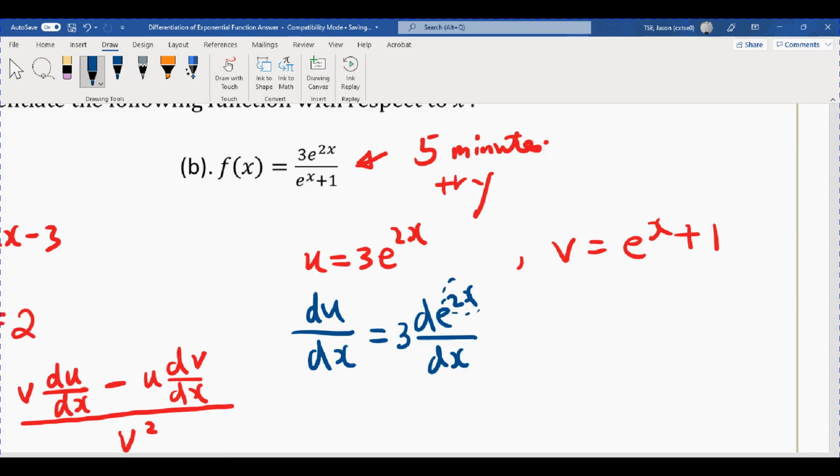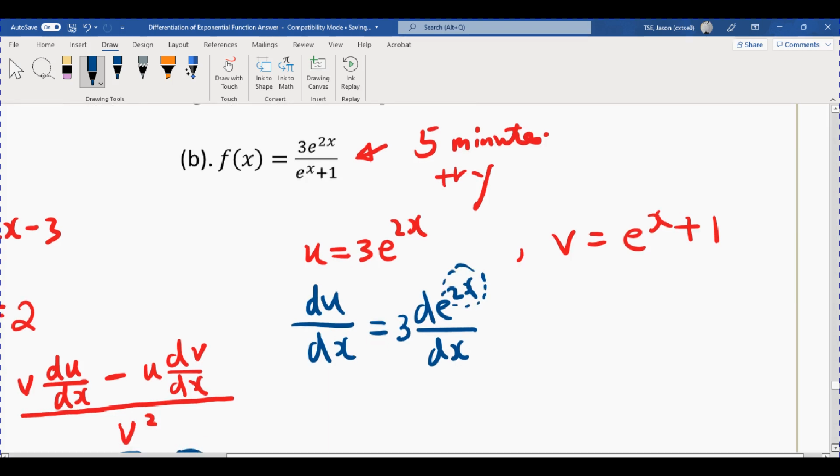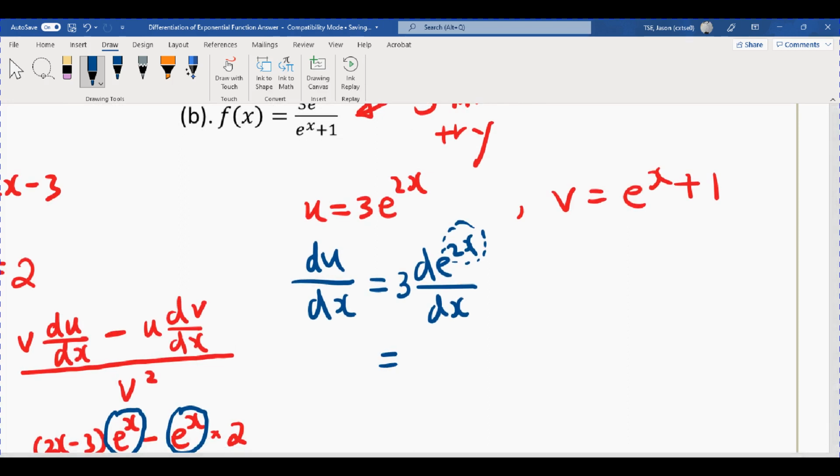So for this part, you have to use the chain rule again. Do you still remember how to do it? You rewrite the whole function, then you multiply by that 2, because you need to differentiate the power as well. So that's 6.